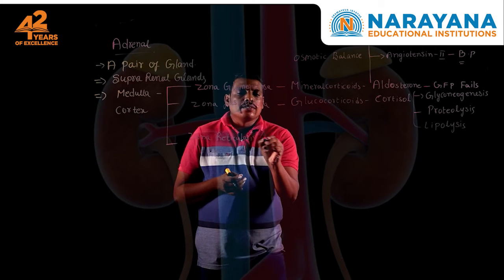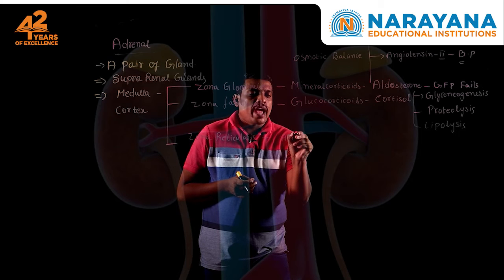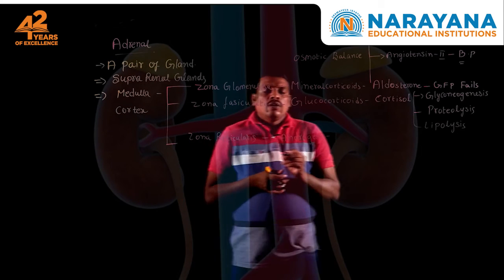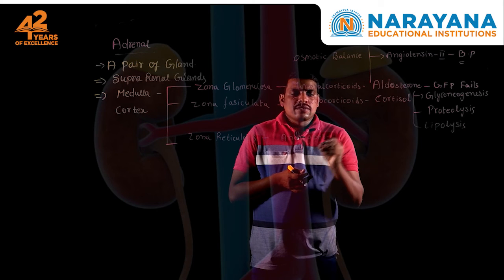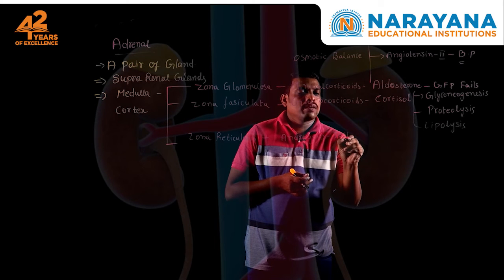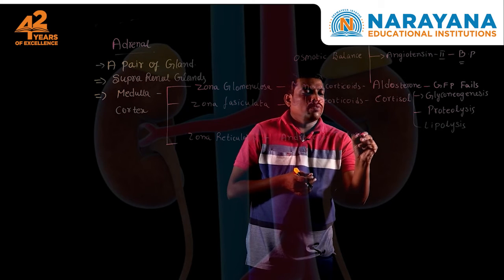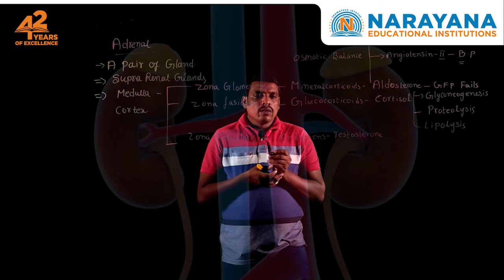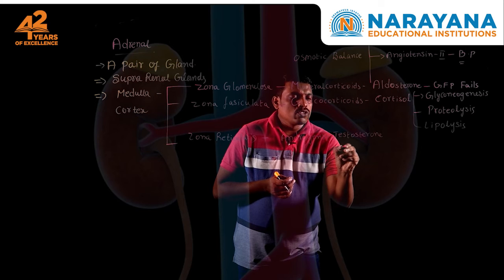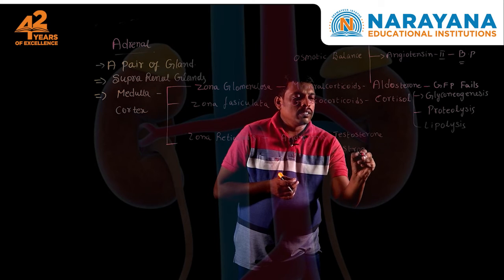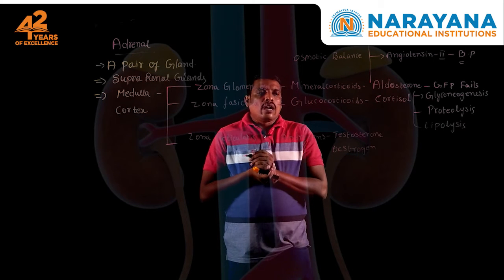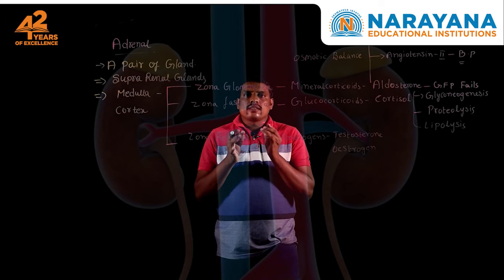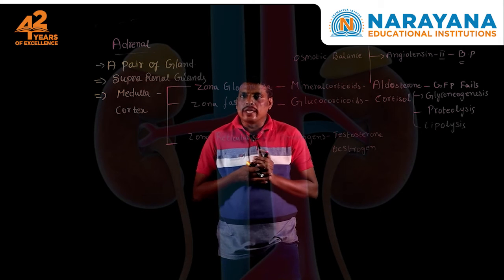And the zona reticularis secretes androgens. The best example for androgen is testosterone in males, a steroid hormone made up of cholesterol, and in females estrogen is considered like an androgen. Testosterone and estrogen both maintain sexual characters in males and females during puberty.